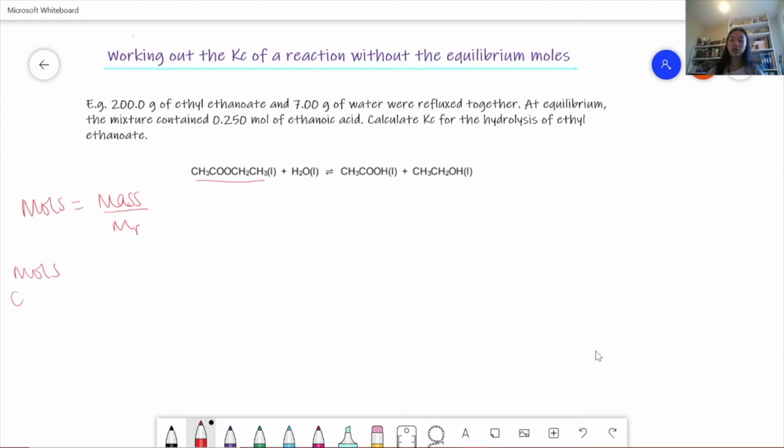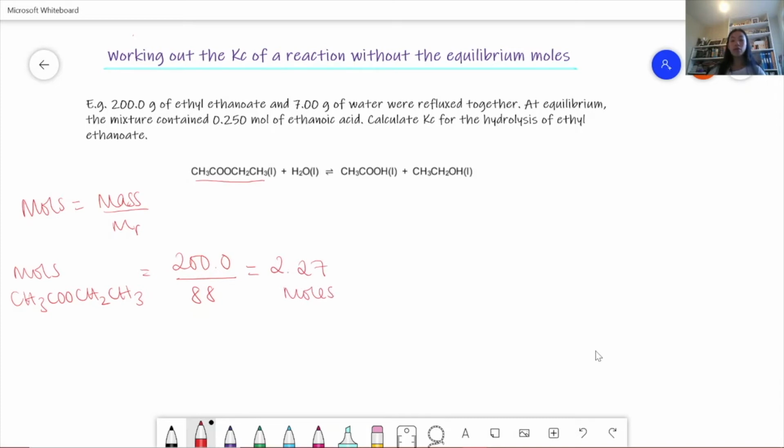So the moles of CH3COOCH2CH3 is equal to 200 grams divided by its Mr, which comes out to be 88, and that's by adding up all the separate Ars. So we've got 12 for carbon, 1 for hydrogen, 16 for the oxygens, and that comes out to be 2.27 moles.